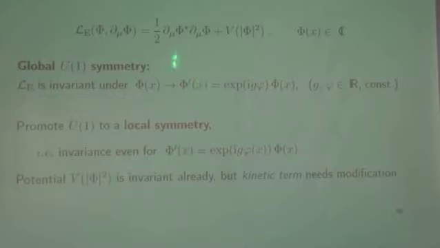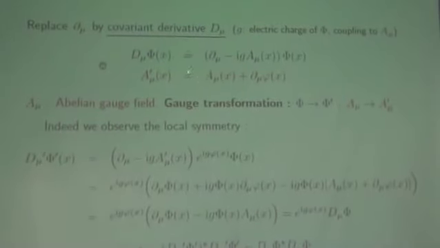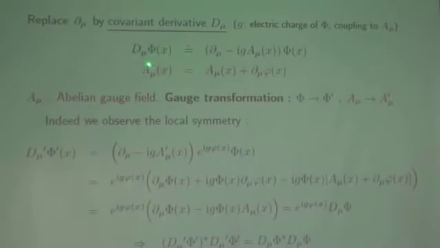Because if alpha is dependent on x, then obviously the derivatives can also act on the phase, and then this term changes. So if we want the modified version of the Lagrangian to be locally invariant, we have to do some manipulation in these kinetic terms. And it is well known that we replace the derivative by a covariant derivative.